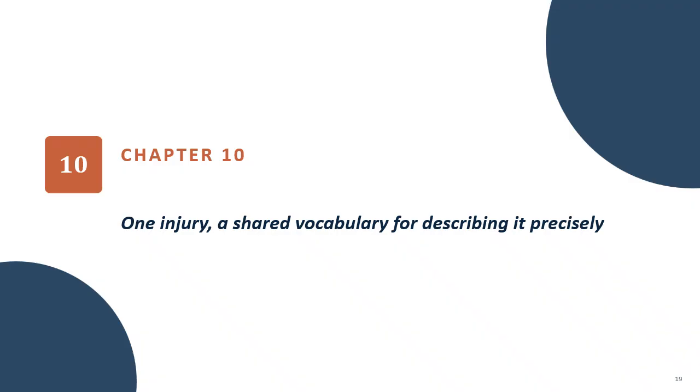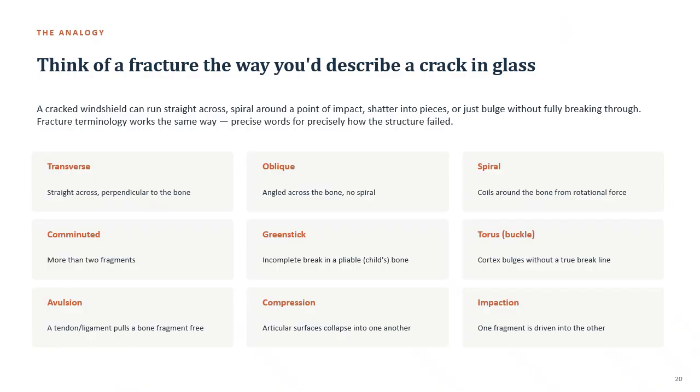Those concepts help us better understand why certain views are obtained or ordered, and also what follow-up images are usually expected to show in terms of fractures. So here's some of the vocabulary that was in chapter 10, the trauma chapter.